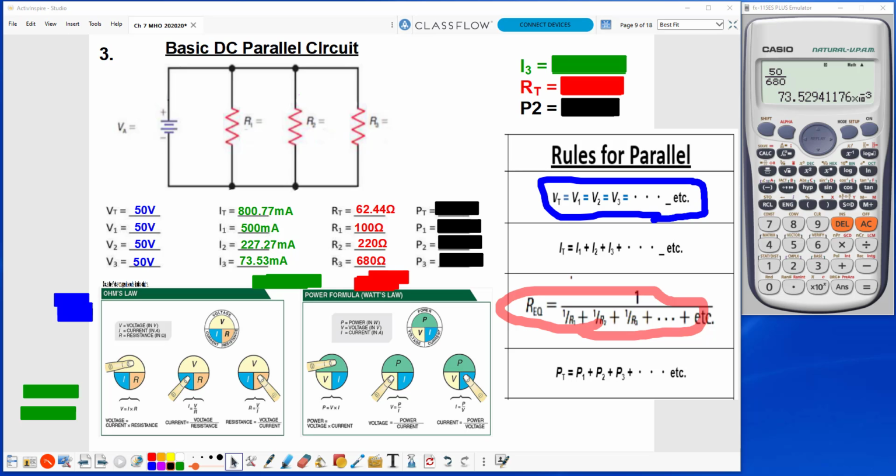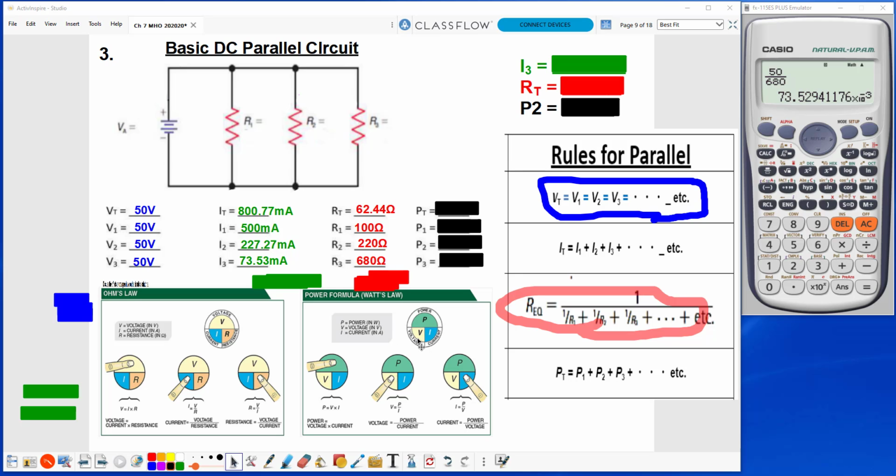Alright, now I can do power using the power formula. You see the power formula here. If I cover up the P, which is what I'm looking for, it's equal to V times I. And that's why I always encourage you to write out these two circles for Ohm's Law and the power formula on your scratch paper. That's the first thing you should do when you get your scratch paper for a test.